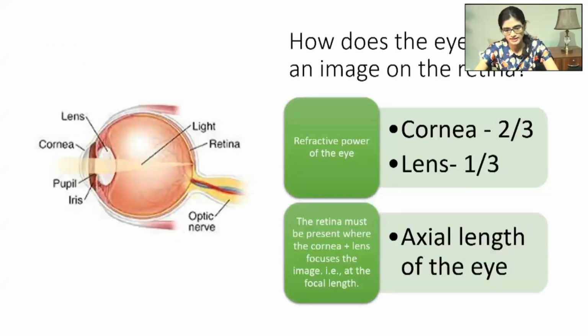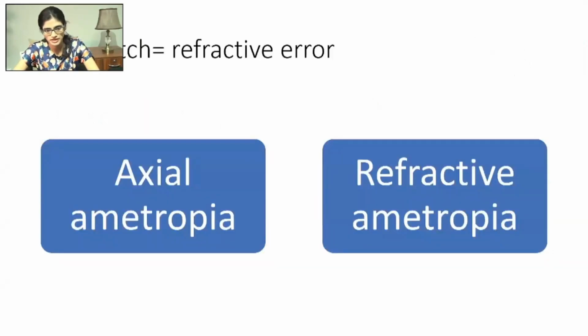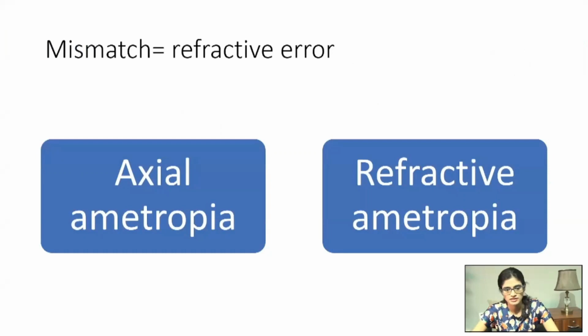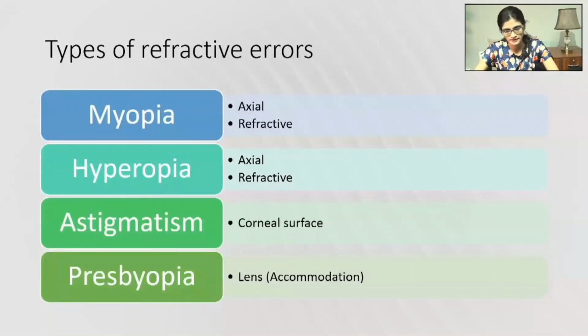Like I said, the three components have to work properly and match each other to provide proper focusing of an image. The mismatch we call ametropia can be axial, meaning the length of the eye is the problem, or it can be refractive, meaning there is a problem with the refractive elements of the eye.